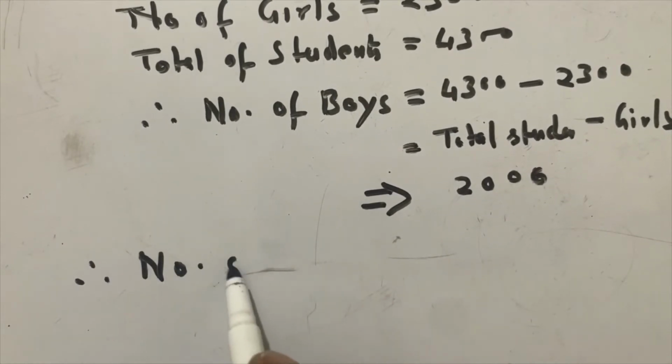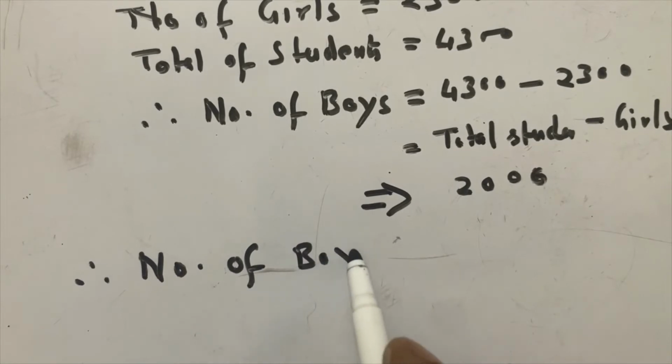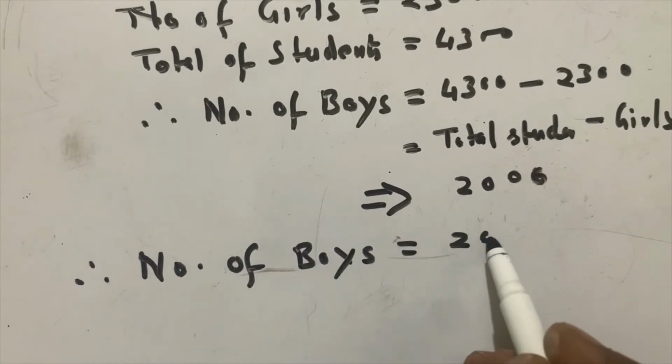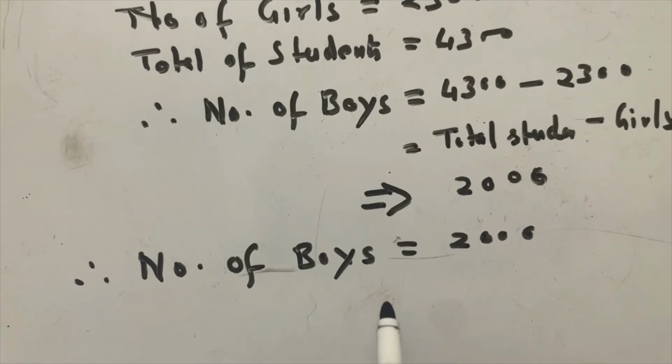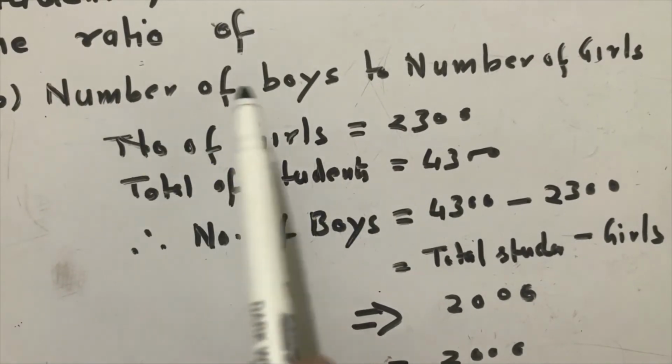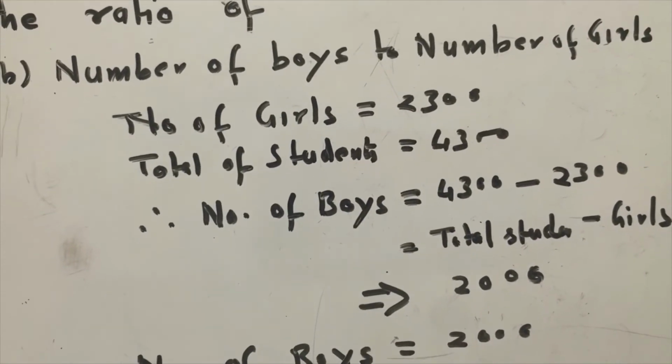Number of boys is equal to 2000. So now we have to find the number of boys to the number of girls.